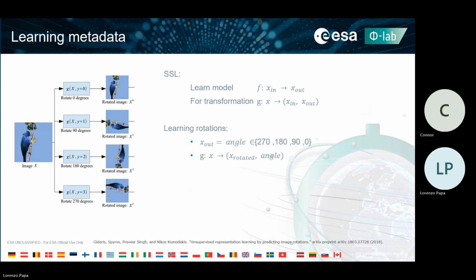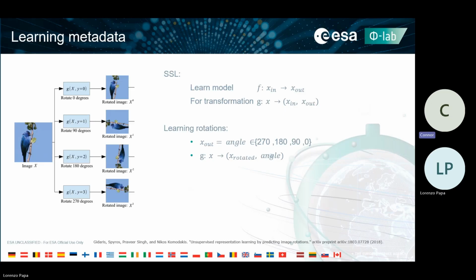Because coming back to the rotation problem, we want to learn a rotation pattern that we don't know on our labeled data, but we might know on a pretext task.